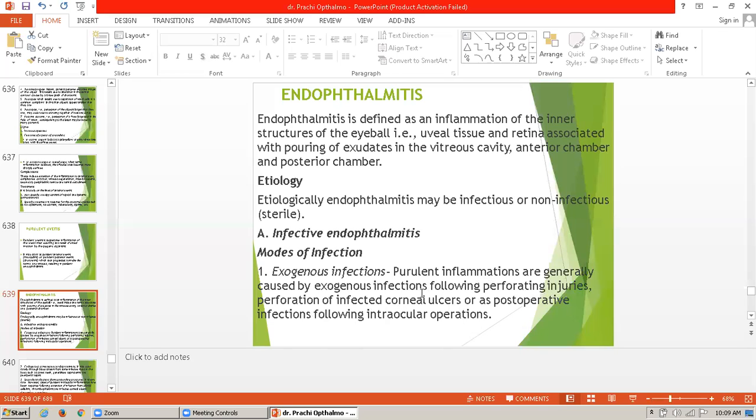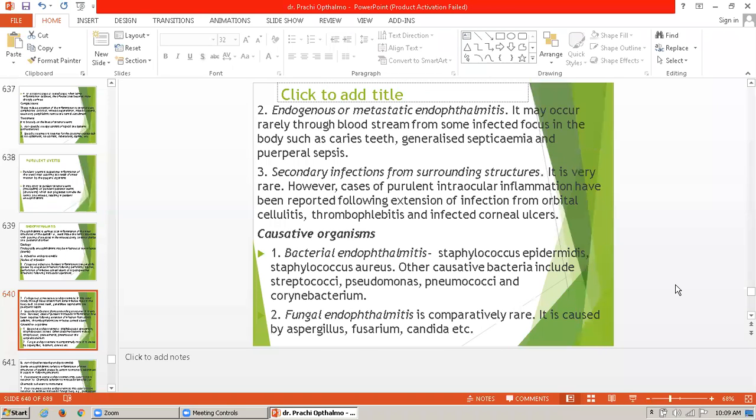So, when there is an exogenous infection leading to purulent inflammation, that is pus formation with the inflammation, it follows a perforating injury, perforation of an infected corneal ulcer, or post-operative infection following intraocular operation, which results in infective endophthalmitis. Then the second mode of infection is endogenous or metastatic endophthalmitis.